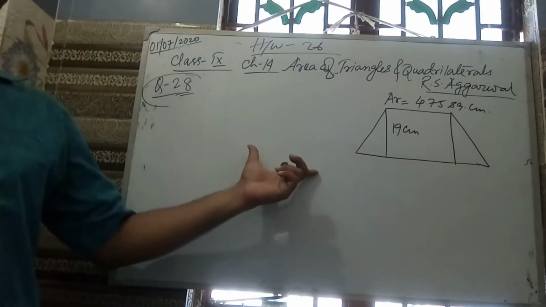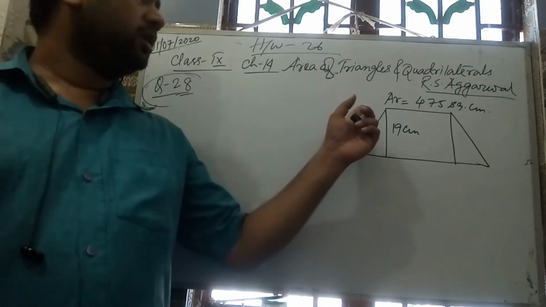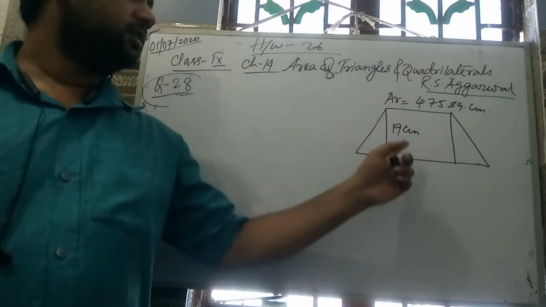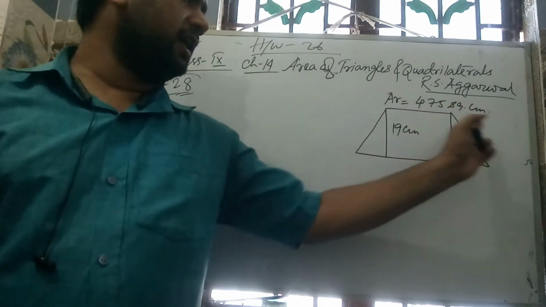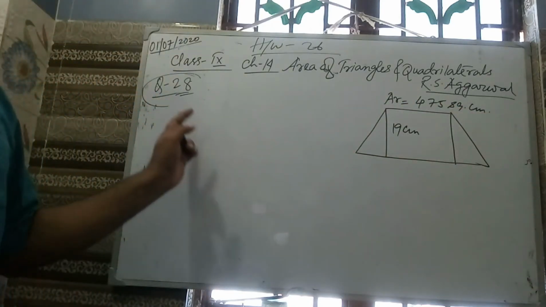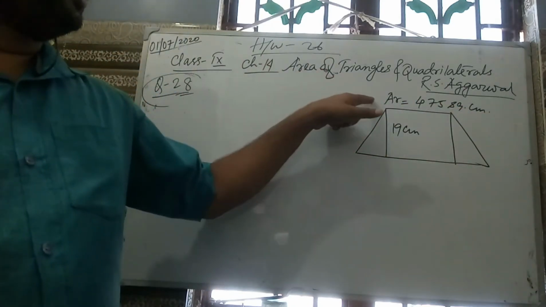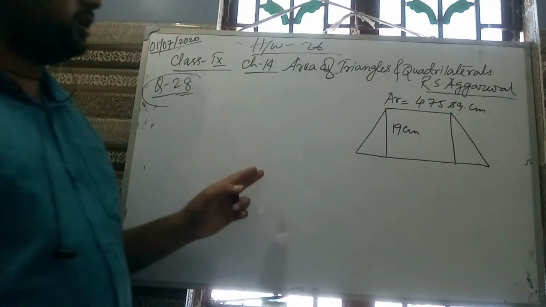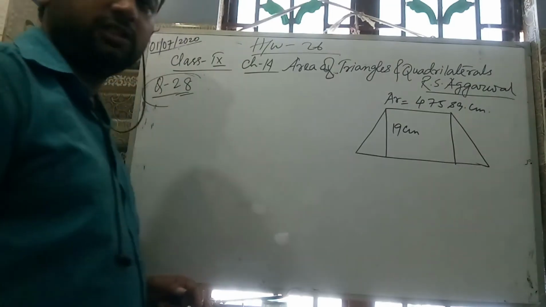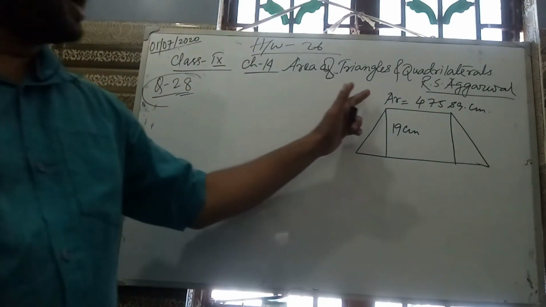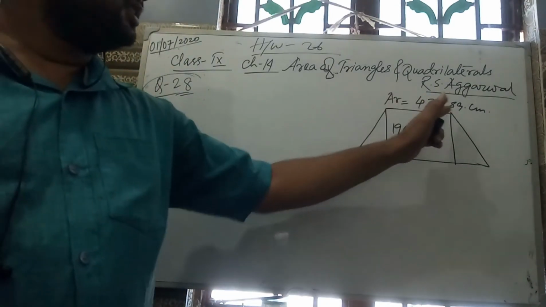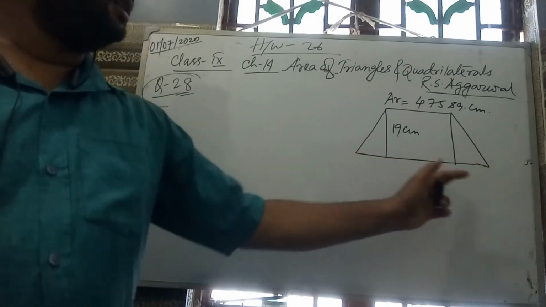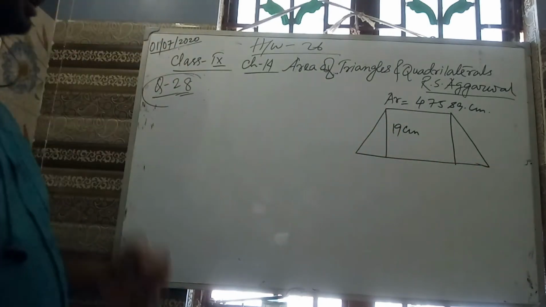In a trapezium we have two parallel sides and two non-parallel sides. In question number 28 it is given area of this trapezium is 475 square centimeter and the height, that is the distance between these two parallel sides, is 19 centimeter.